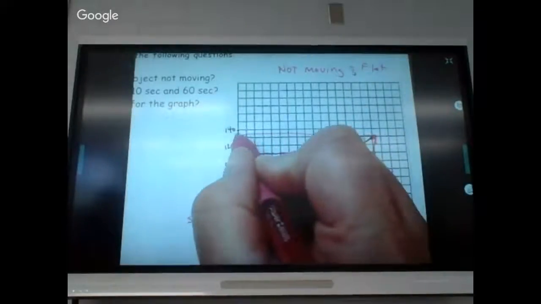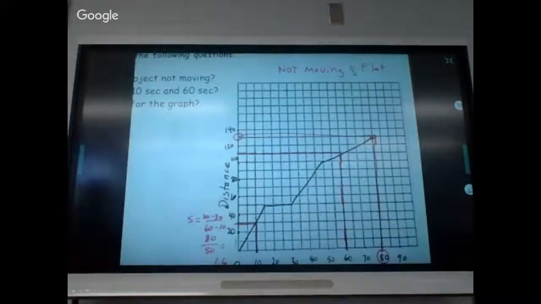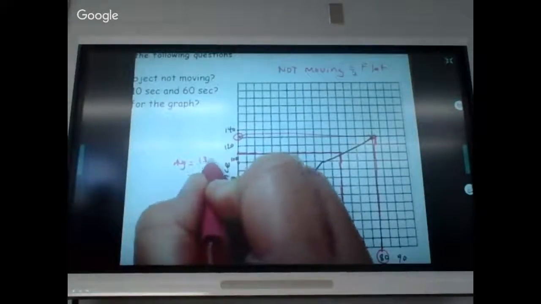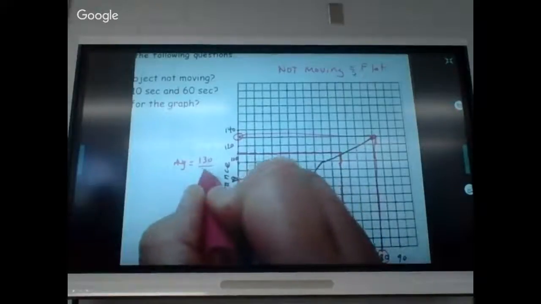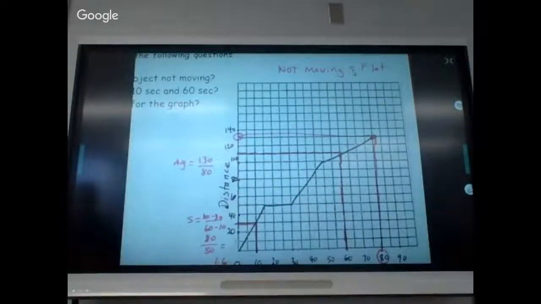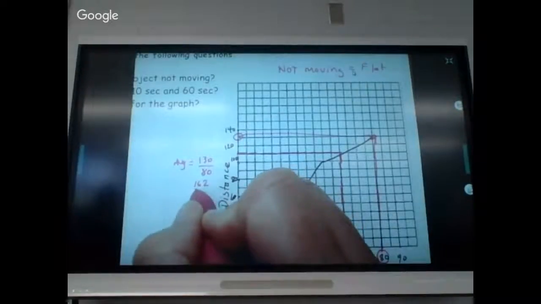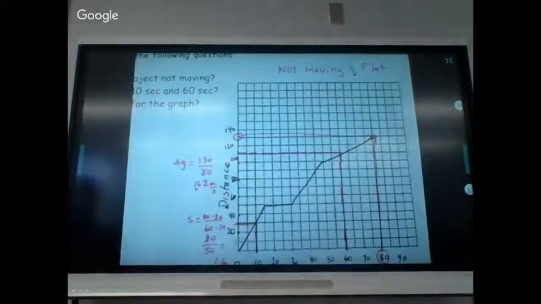And there you'd be right there, which would be what? So average speed equals 130 over 80. So 130 divide 80, and I got 1.62, and I just rounded off. Meters per second. Is everybody okay with the graph? All right, and we were okay with the other stuff.